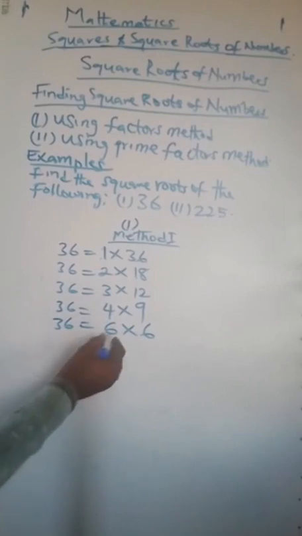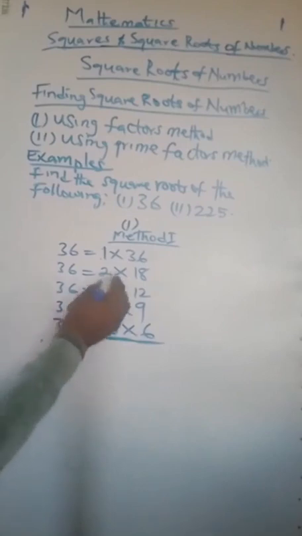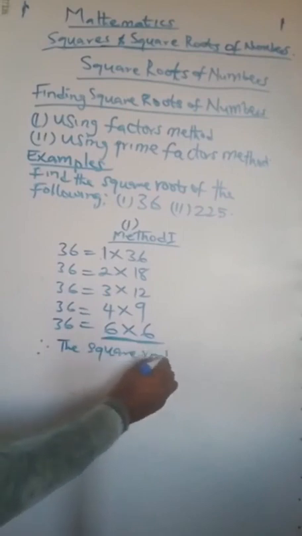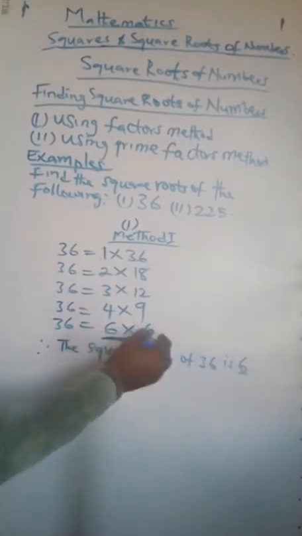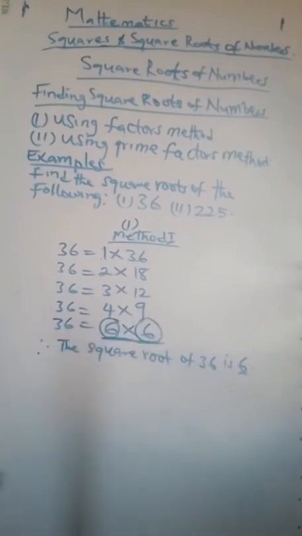Now that you have 6 and 6 together, this is where you pick your square root. Therefore, according to this method, the square root of 36 is 6, because you have the same number to multiply, then you pick your square root from there. That is method 1.